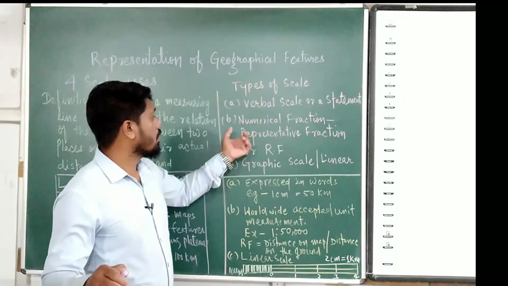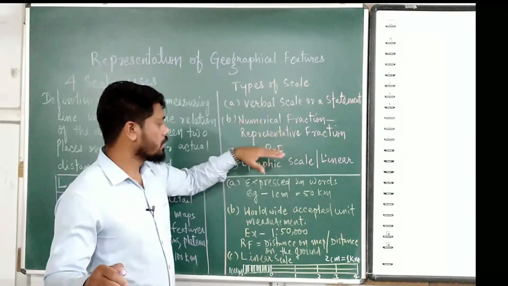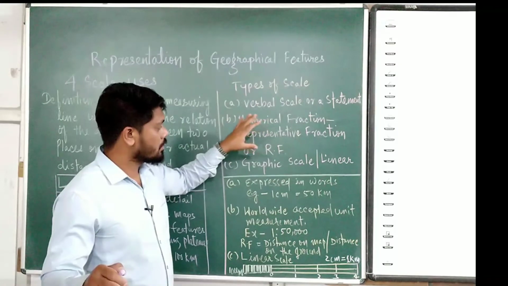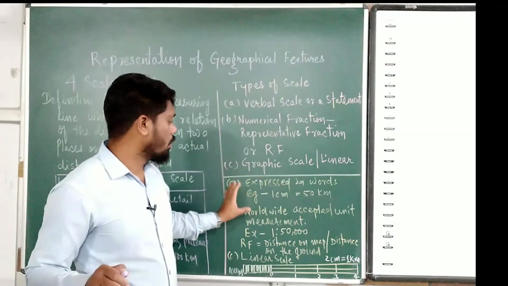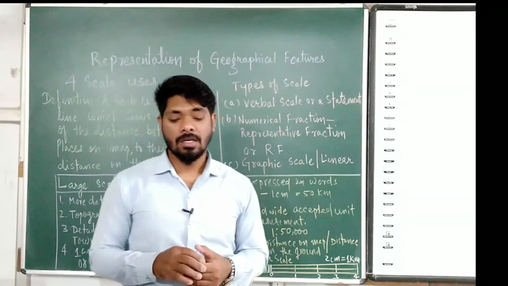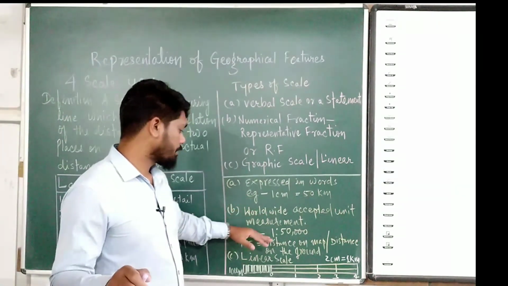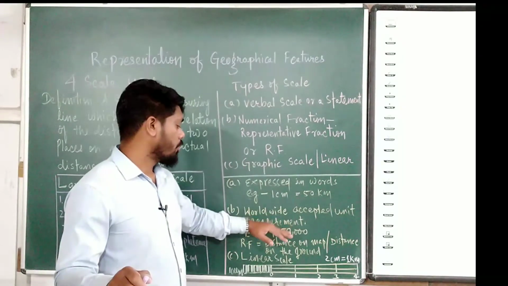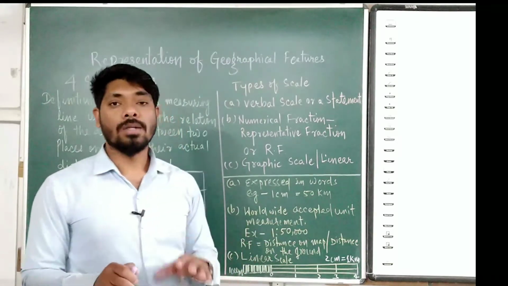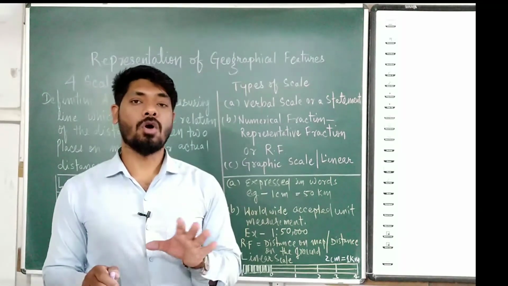Next one is the numerical fraction, known as the representative fraction, or RF. This type of scale shown on the map is a worldwide accepted unit of measurement, used in all countries. For example, 1:50,000 means 1 centimeter on the map has 50,000 centimeters on the ground.